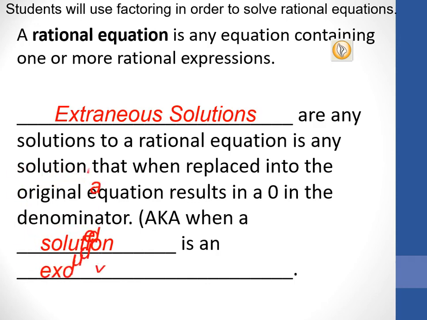In other words, it's when a solution is an excluded value. That's an extraneous solution. It's an extra one. It's one that wouldn't have been there if we hadn't multiplied by a variable.